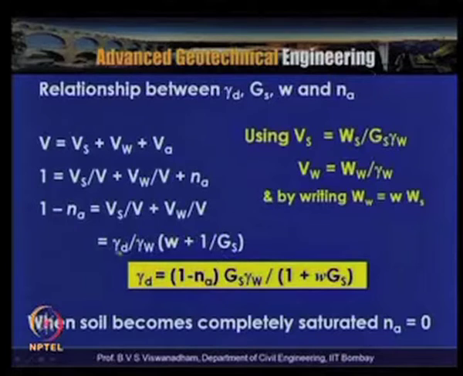So, if you write this expression in terms of gamma d, we can write gamma d is equal to 1 minus na Gs gamma w divided by 1 plus W Gs.